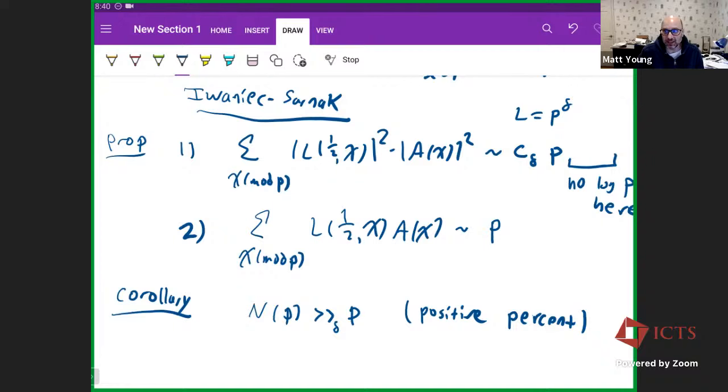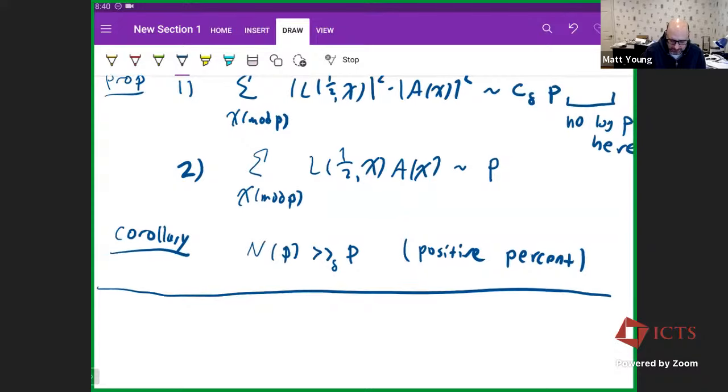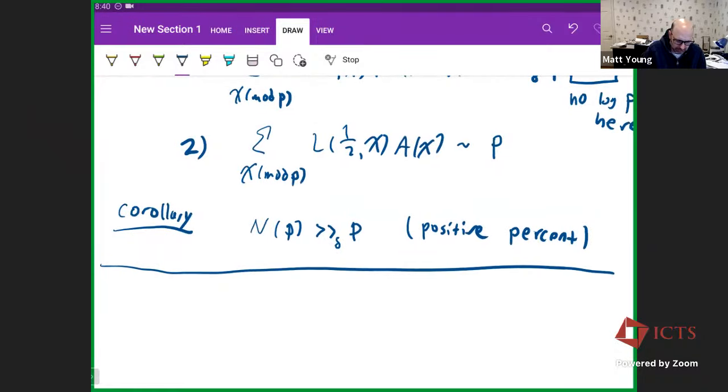For the details, you should look at the paper of Iwaniec and Sarnak. And there are lots of other papers that look at mollified moments. There are some nice works on this, like the so-called ratios conjecture, of Conrey, Farmer, and others.